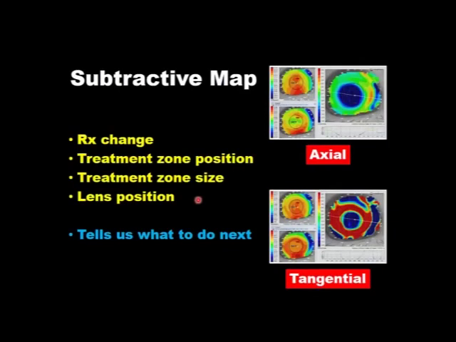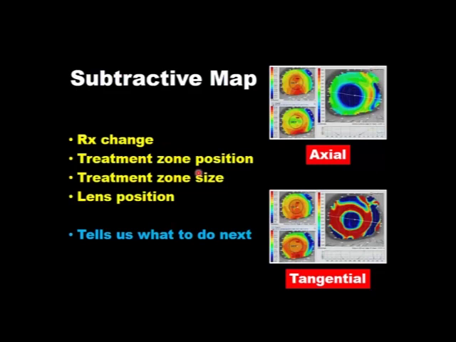Now, the most valuable function that the topographer does with the post-treatment analysis is the subtractive map. So we'll spend a little bit of time on this. The subtractive map compares before ortho-K to after ortho-K and tells you what's changed. How is it different? So it can tell you the refractive change, the treatment zone position, the treatment zone size, the lens position.